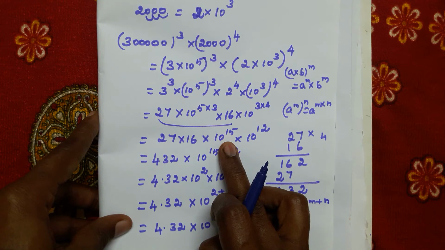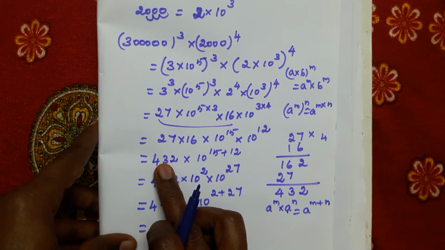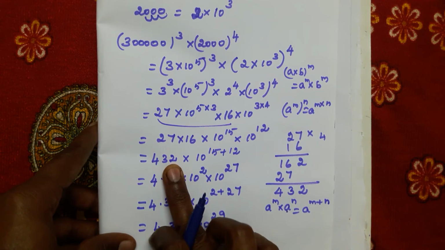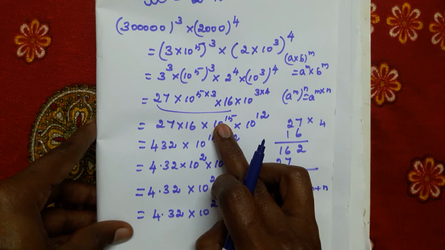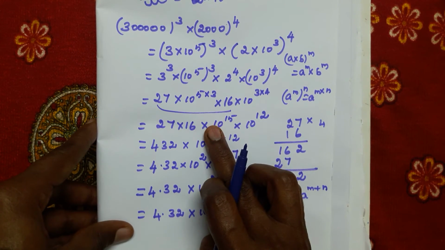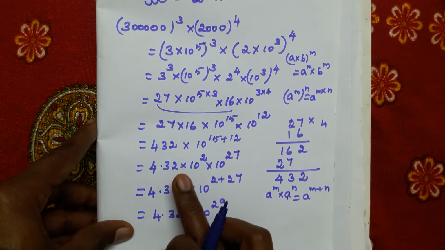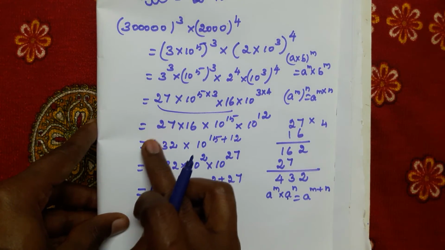This one is 10 power 15 into 10 power 12. Now multiply these two: 27 into 16 is 432 into 10 power, this one, a power m into a power n is equal to a power m plus n, so 10 power 15 plus 12. It is equal to, now again we can write 432.